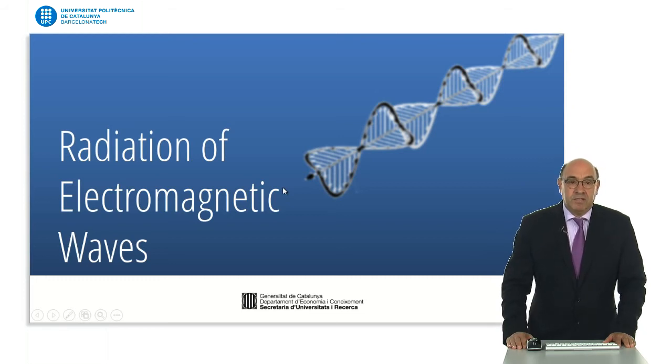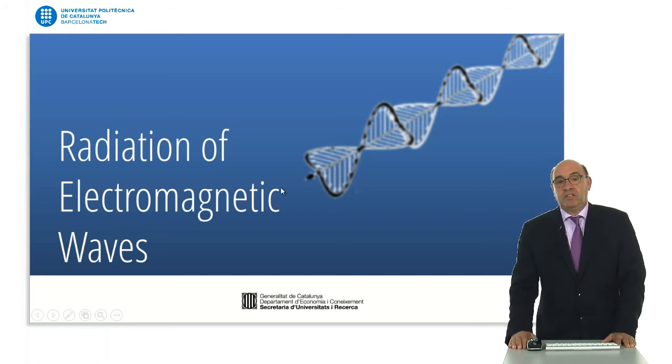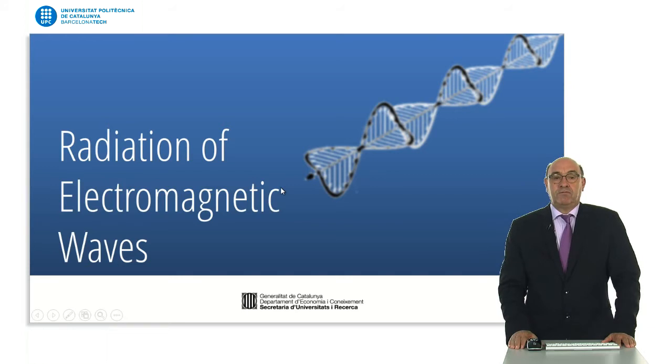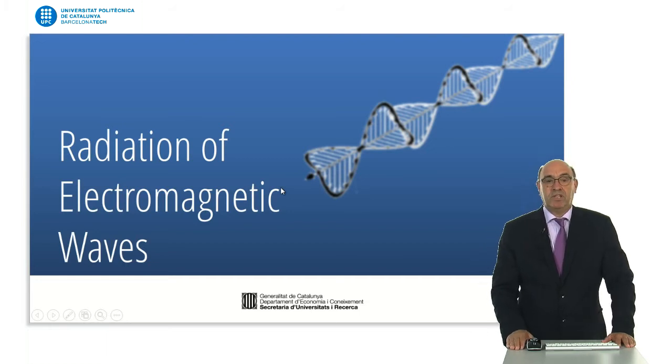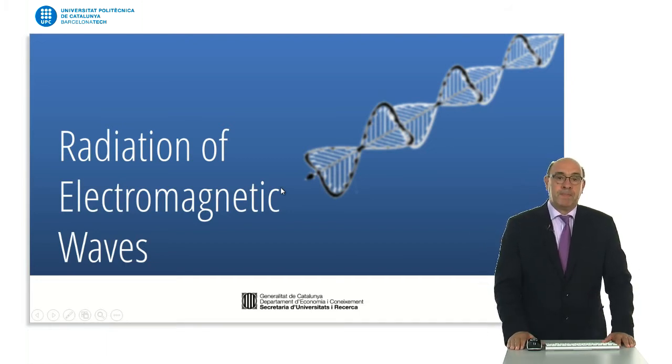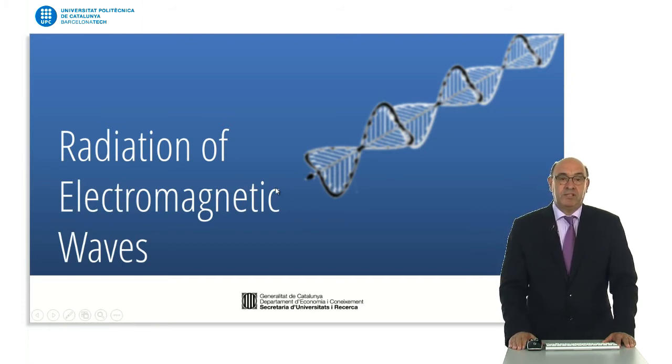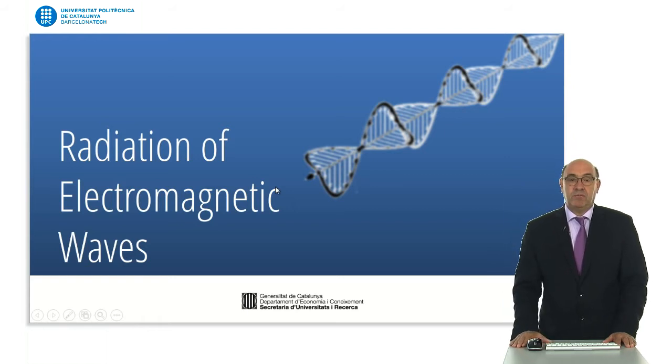In some cases, the size could be really small, as is the case of those phones, or could be large, as is the case of the radio towers that broadcast the signal to our radio receivers. We will try to see how those waves are generated and the way they propagate in space.